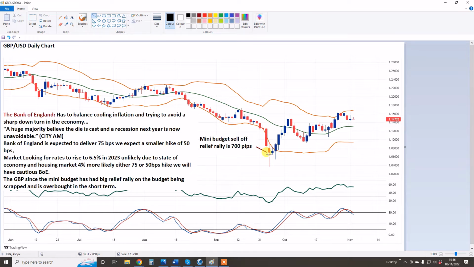But since then it's mounted a rally of about 700 pips. That's really just relief that the government didn't pursue the mini budget. None of the big fundamentals in the UK have changed.